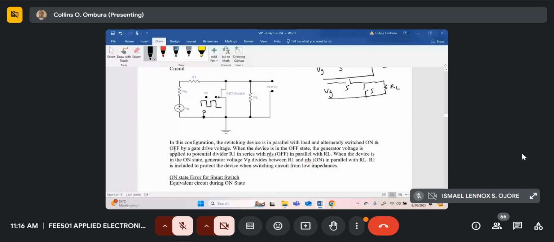I've said that in this configuration, the switching device is in parallel with the load and is alternatively switched on and off by the gate drive.